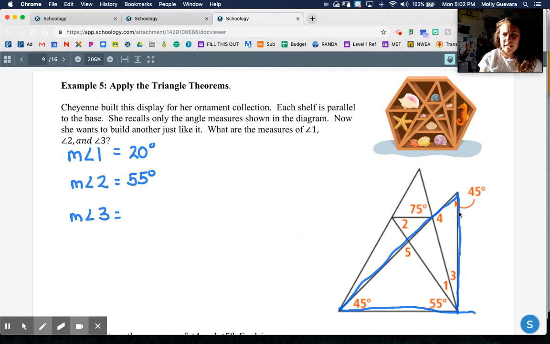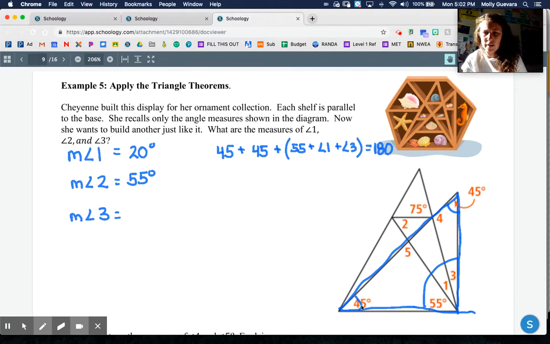I see that this angle is 45, so 45 plus this angle is 45 plus this third angle. Well, this third angle is actually made up of 3 different parts, right? It's made up of 55, it's made up of angle 1, and it's made up of angle 3. But all 3 of these angles equals 180 because it's a triangle, and the 3 angles of a triangle add to 180. So this angle, and this angle all add to 180.